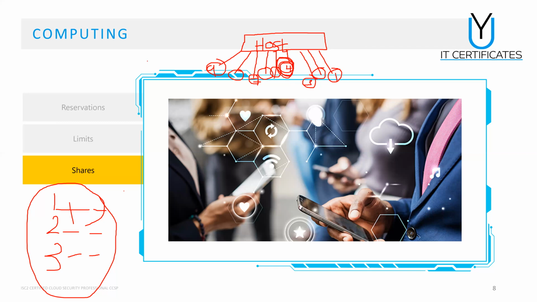In this case, the cloud service provider will follow the concept of the shares and say, okay, VM4 has the highest share, so I will provide him his value, then number 2, then number 3, and so on. These are the values of cloud computing which you have to understand very well, because you have to negotiate them with your cloud service providers when you are doing agreements.